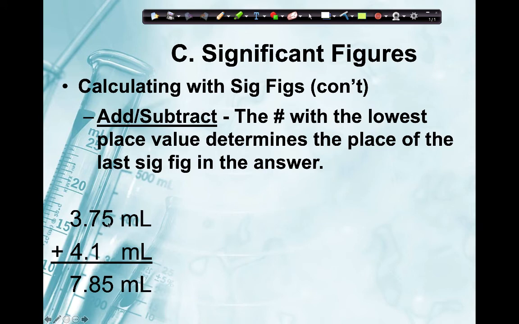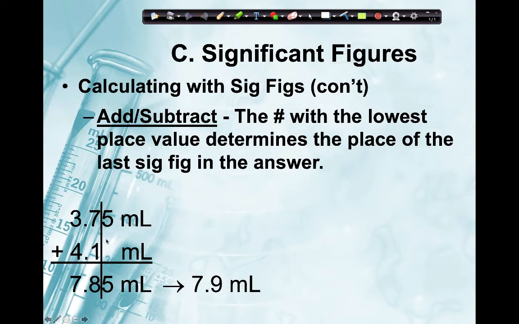So for this one, I have 2 decimal points. I have 1 decimal point here, so my answer will be rounded to 1 decimal point. So I go to my first decimal point, it's 8. There's a 5 after it, so I'm going to round that 8 up to a 9. And it goes to 7.9.